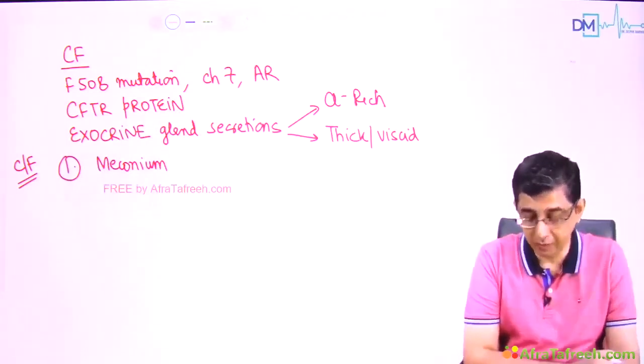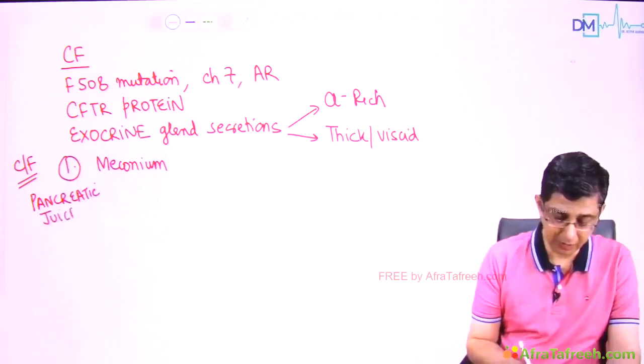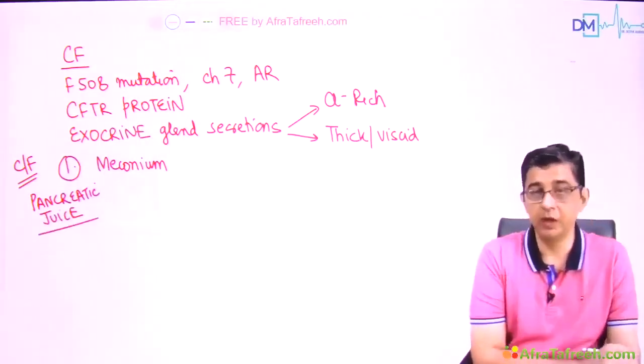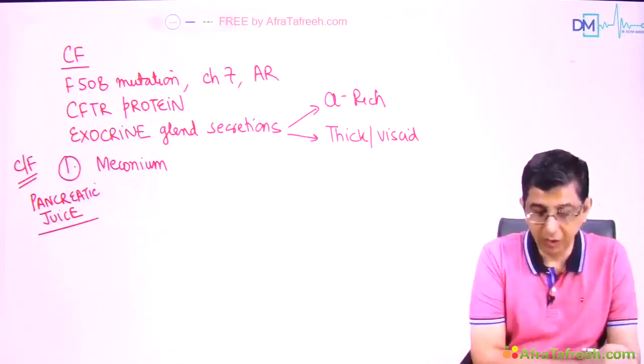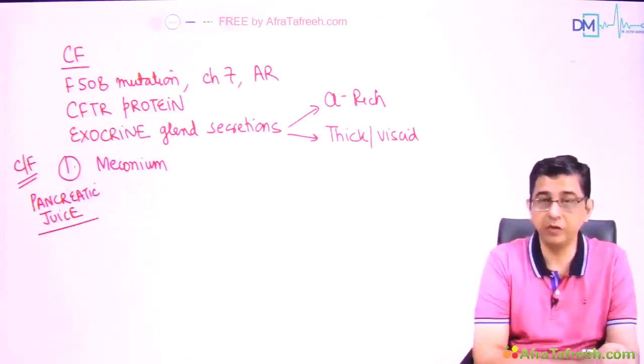It did not solidify because the pancreatic juice contains multiple enzymes like amylase, lipase, trypsin, chymotrypsin. So they tend to keep the meconium in a liquid format, and this blackish stool is expelled by the baby in the first 24 hours.